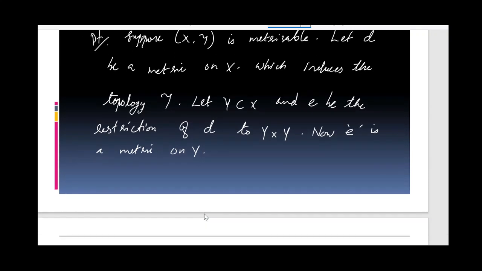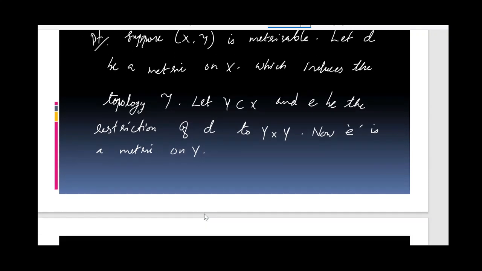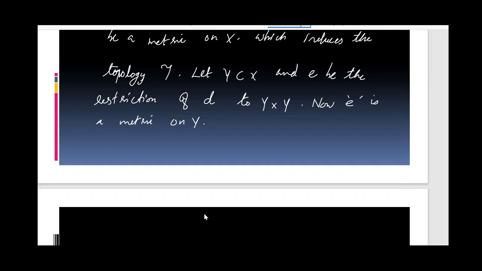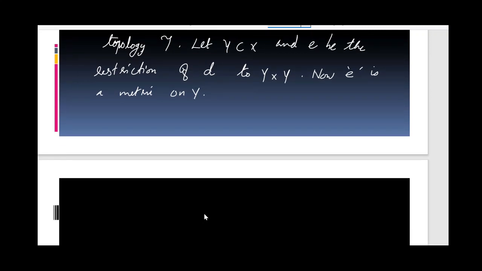Whenever you have a metric, its restriction to a subset is going to be another metric. So here we have X, T, the topological space, and that is metrizable. So there should exist a metric on it. Let that metric be small d. Now you restrict your small d to the set Y cross Y, and that restriction we are calling E.